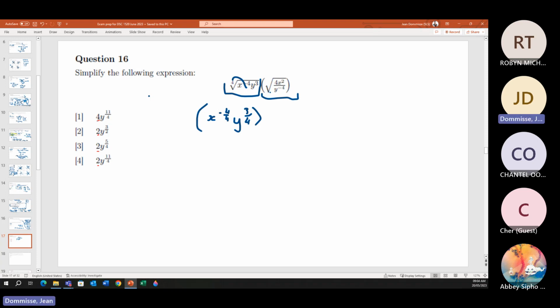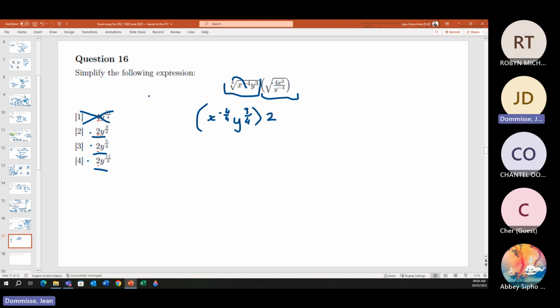Okay, so the square root of 4 is 2. That already tells me I will probably only be looking at those three answers where I have a 2 in them. So that one I will already cancel out.